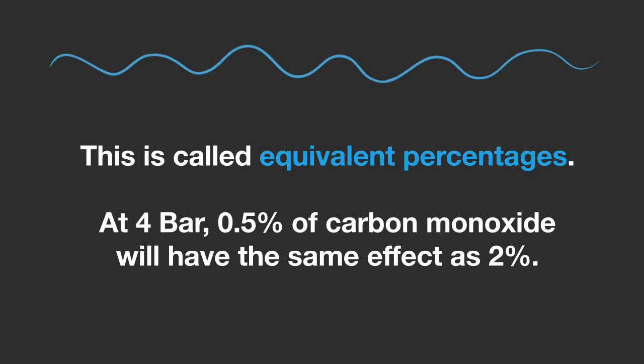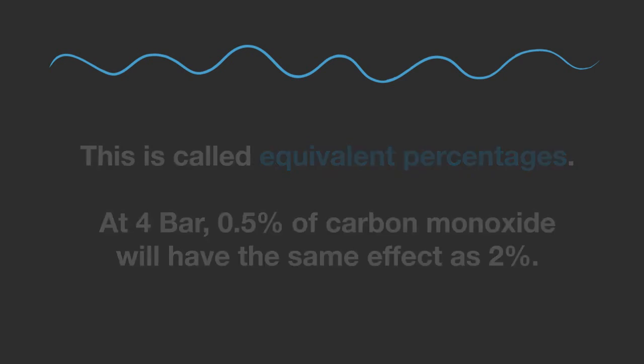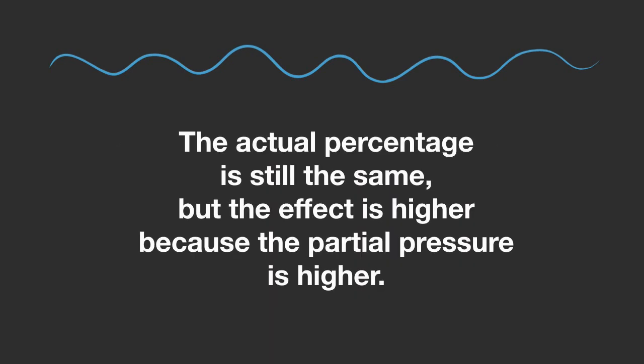At 4 bar of pressure, 0.5% of carbon monoxide will have the same effect on your body as 2% would at the surface. The actual percentage is still the same, but the effect is higher because the partial pressure is higher.